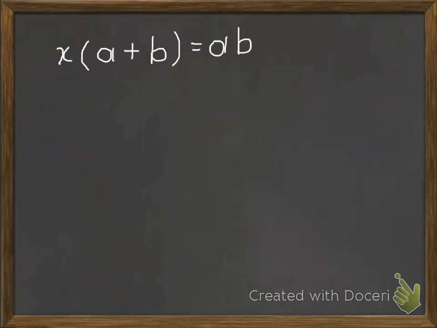Now on the last step, we want to get x by itself because that's the number of hours it takes to complete the job. So x is equal to, well, how are we going to get x by itself? X is being multiplied by a plus b, so I'm going to divide it out on both sides.